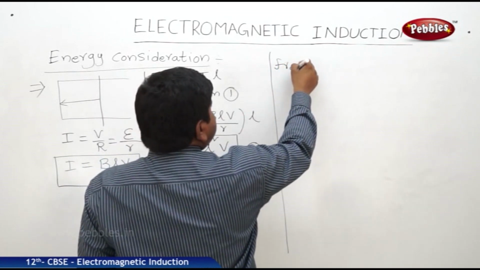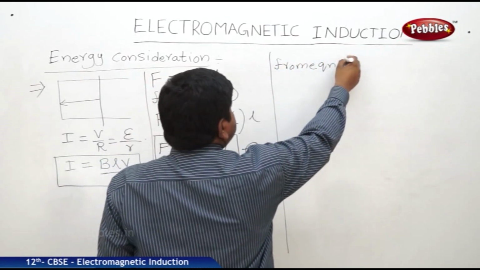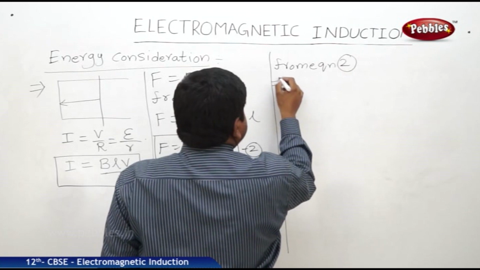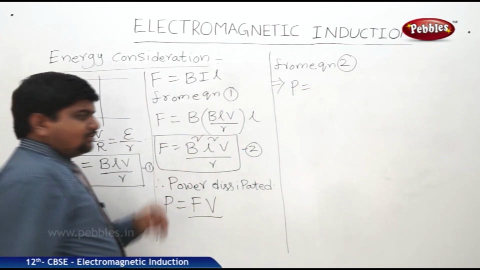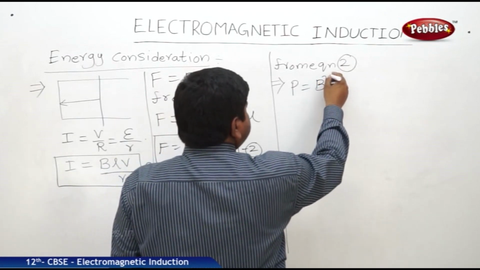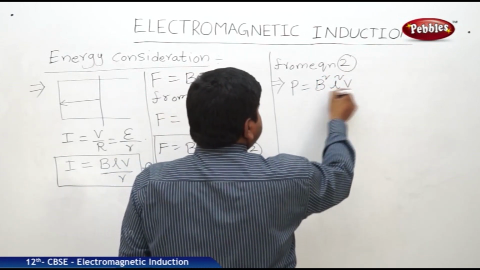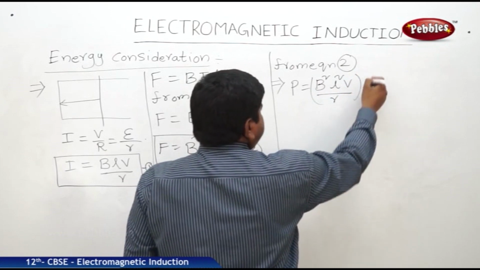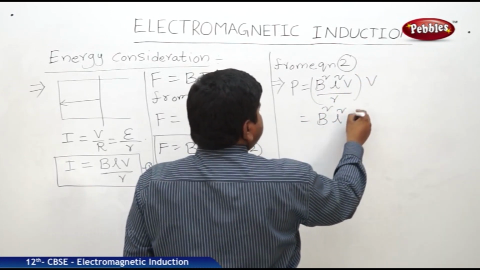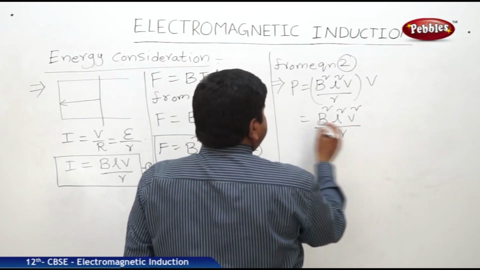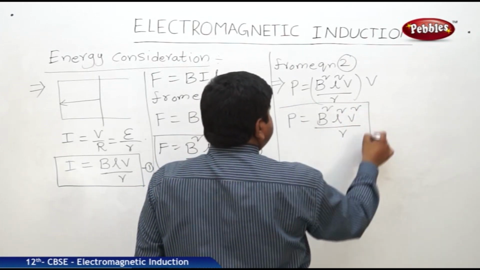So from equation 2, power is equal to, what is F? B square L square V by R. V is V. So it is B square L square V square by R is equal to power.